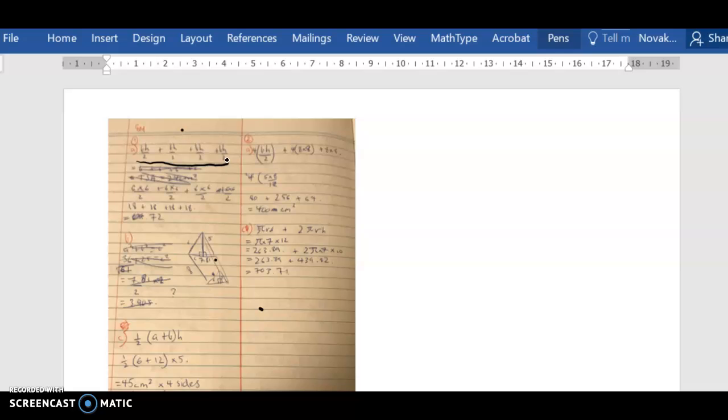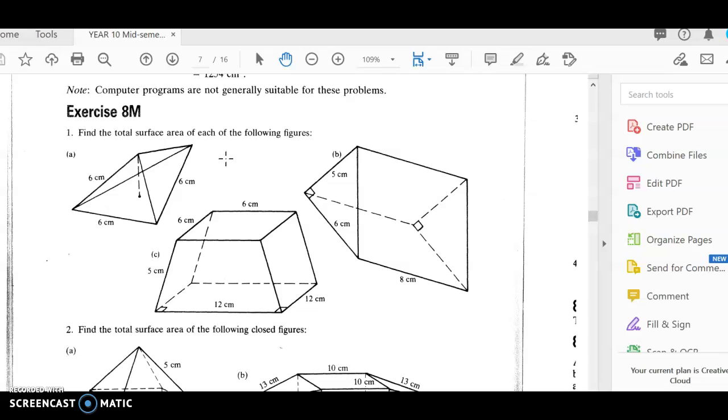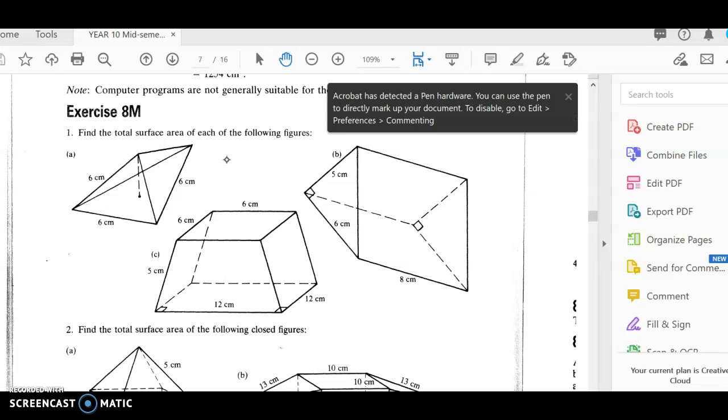If we look at the actual question, that's question 1A. Yes, we have a tetrahedron, I suppose. That's a triangular shape which has a total of four faces, and we're assuming, based on this diagram, that all sides are 6 centimeters.